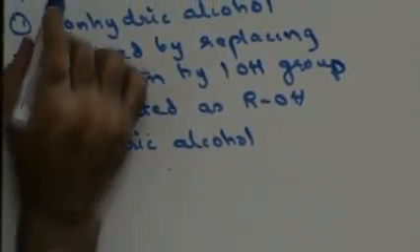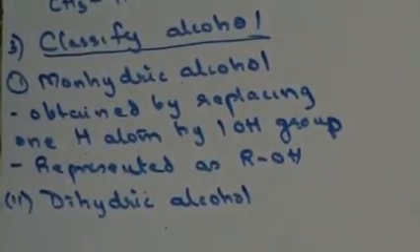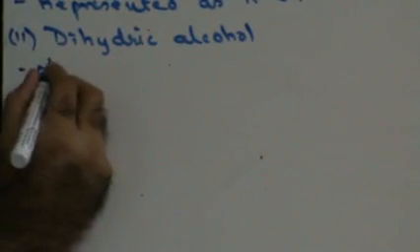Fine. Okay. Next, the second type of alcohols that you have is dihydric alcohols. What are dihydric alcohols? Dihydric alcohols are those alcohols that are obtained by replacing two hydrogen atoms by two hydroxyl groups. Right?